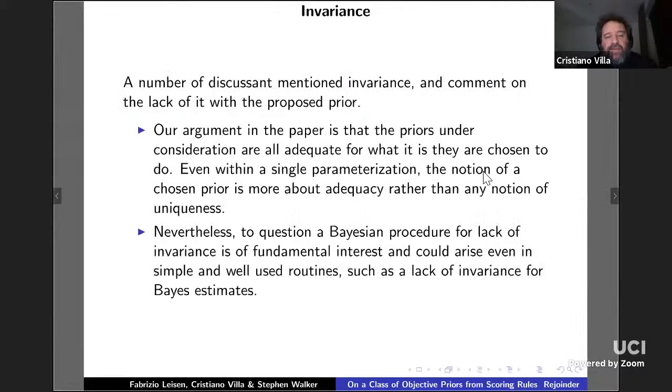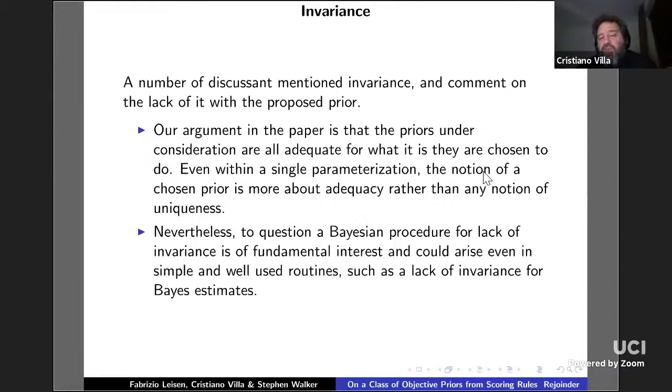So about invariance, I think that the main argument that we made in the paper, and Stephen stressed at the beginning, is that a prior should be chosen on the basis of how adequate it is for what it has been chosen to do.